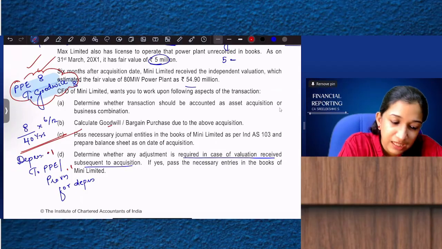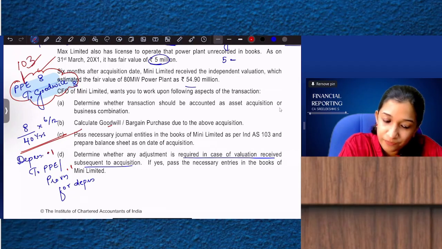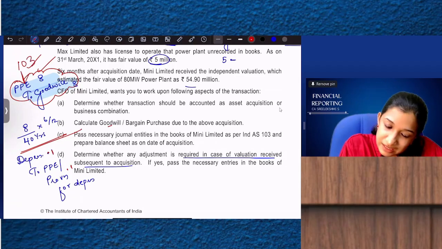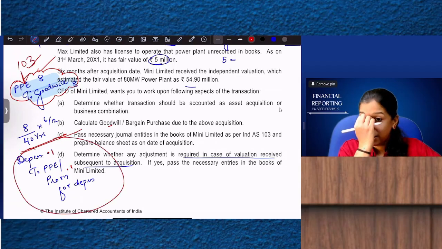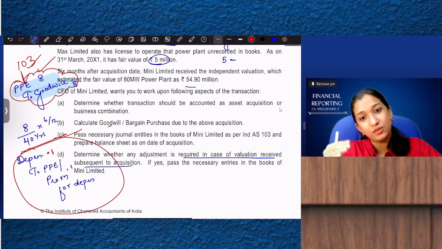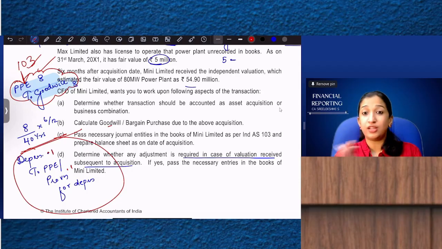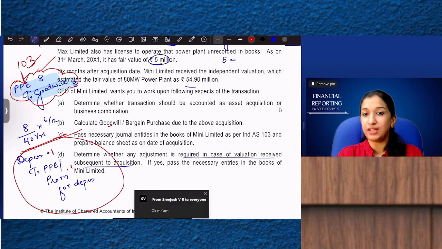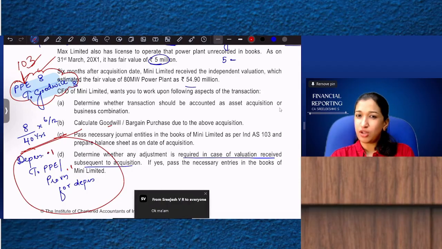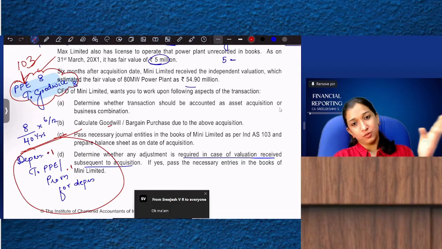So as per Ind AS 103, this is the journal entry. Then, because asset value has increased, we are charging an extra depreciation of 0.1. That is not as per 103. Retrospectively, I don't charge the 6 months.